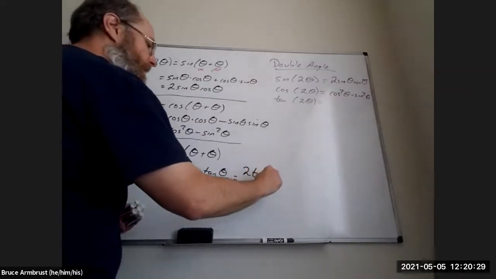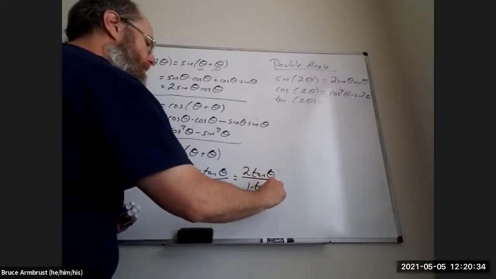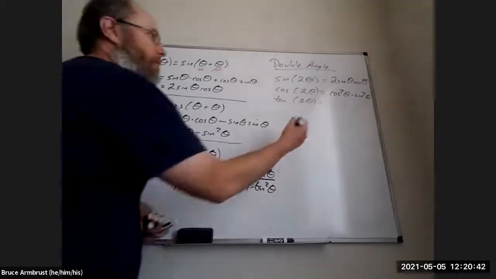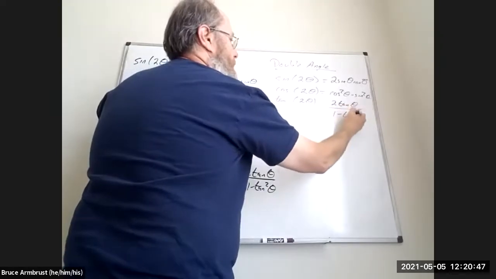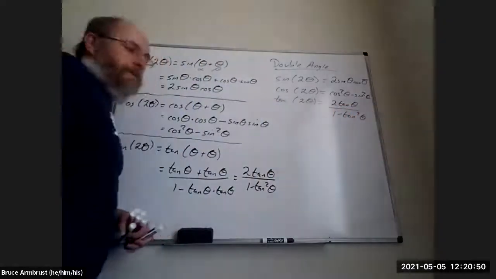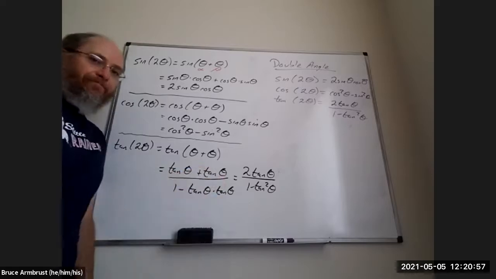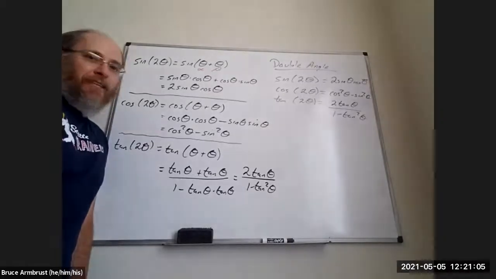We get 2 tangent of theta over 1 minus tangent squared. And so that's what's going to go into that third line. Okay? So 2 tangent theta over 1 minus tangent squared. And just like that, we got the double angle identity.